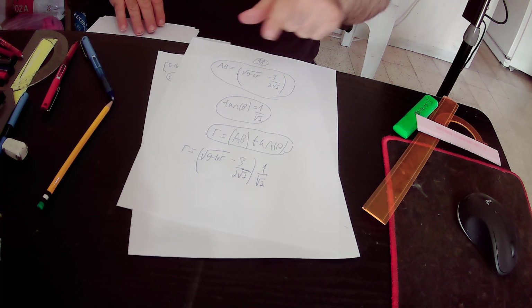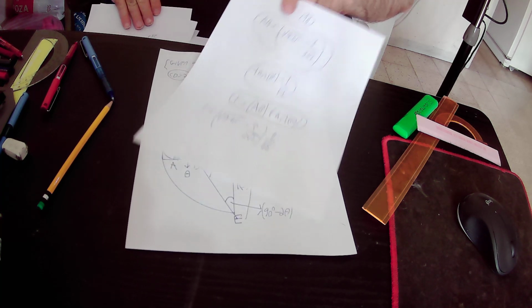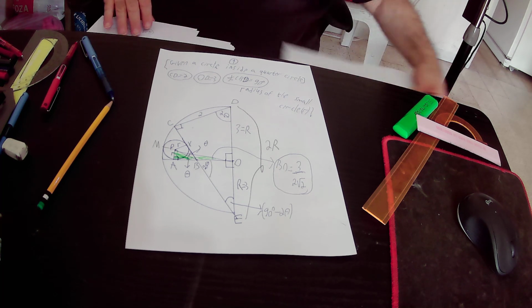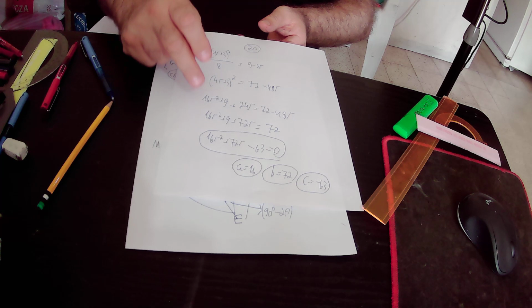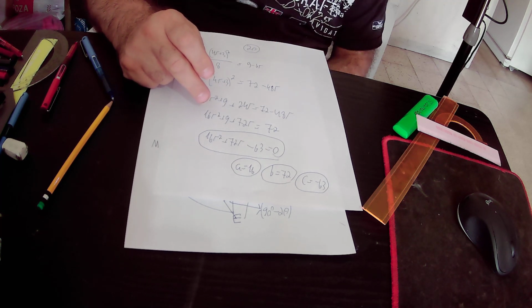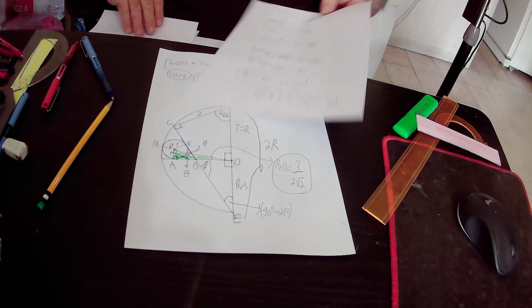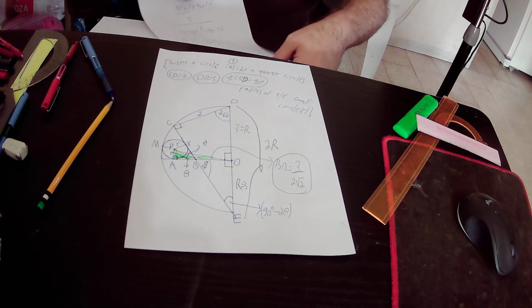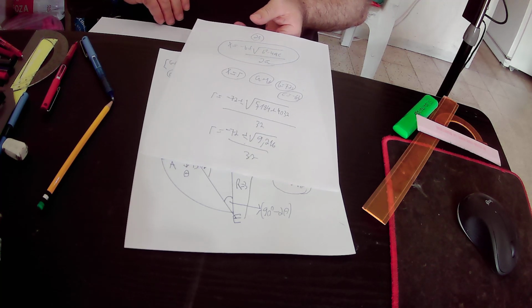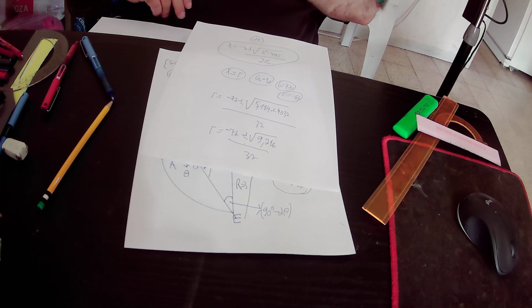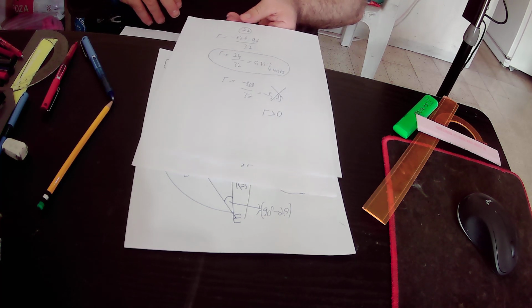Okay, so we solve this equality, r equals AB times tangent theta, and we got a quadratic equation, 16r squared plus 72r minus 63 equals 0. We solved this quadratic equation, and we had two possible answers, and the only correct answer is that the radius of the small circle equals 3 over 4 units.